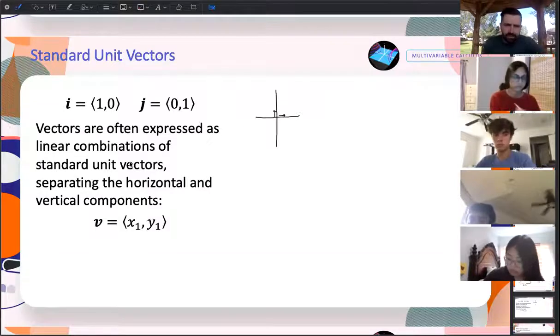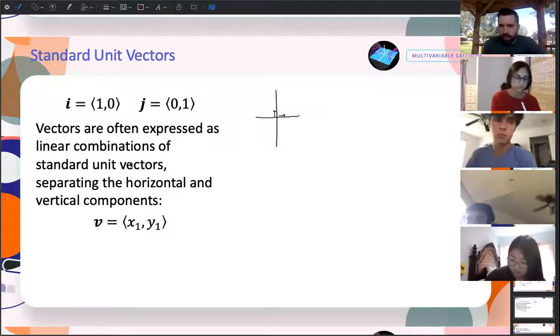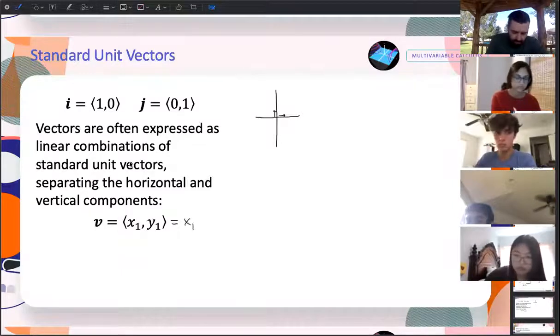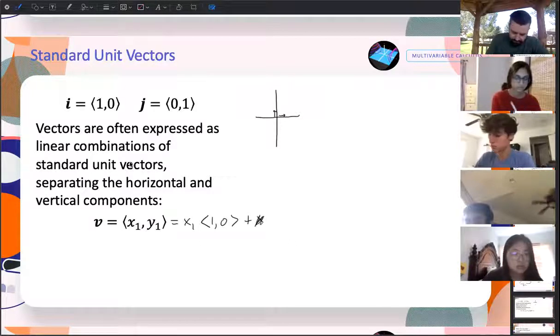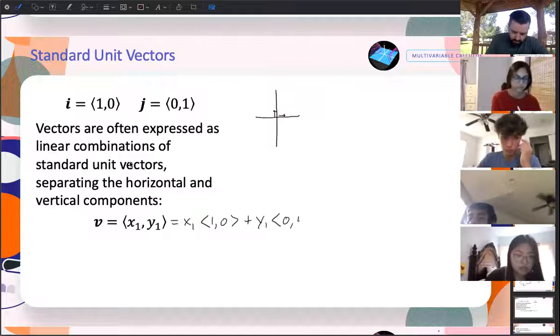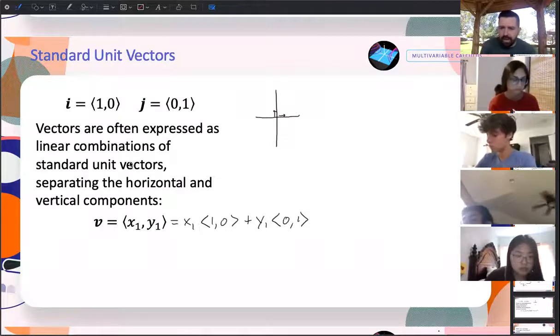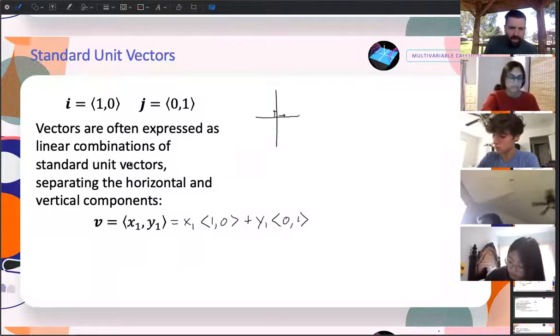All right, so if I take vector v and it's got 2 random components, no matter what they are, I can easily express those as a combination of <1, 0> and <0, 1>, right? Just whatever that x component is times <1, 0>, whatever that y component is times <0, 1>, add them together.